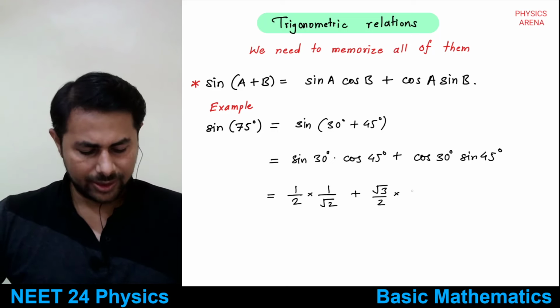Sin of 2 pi is equal to 0, so this term will become 0. Cos of 2 pi is 1, so it's 1 into cos theta, that means cos theta only. Right? So cos of n times 2 pi plus theta is equal to cos of theta. Okay? So you need to remember this final formula.